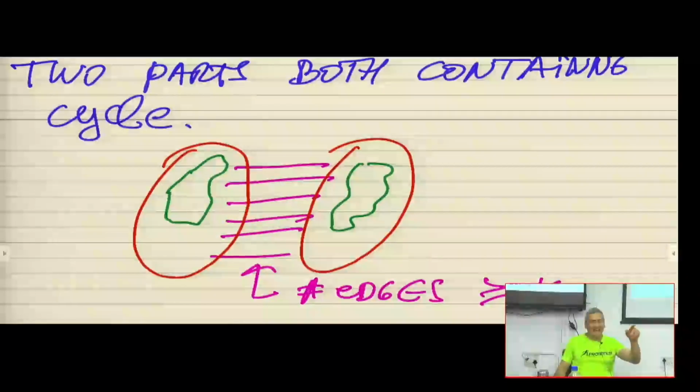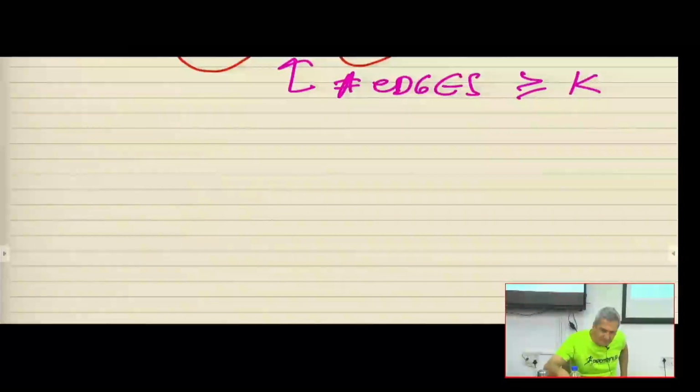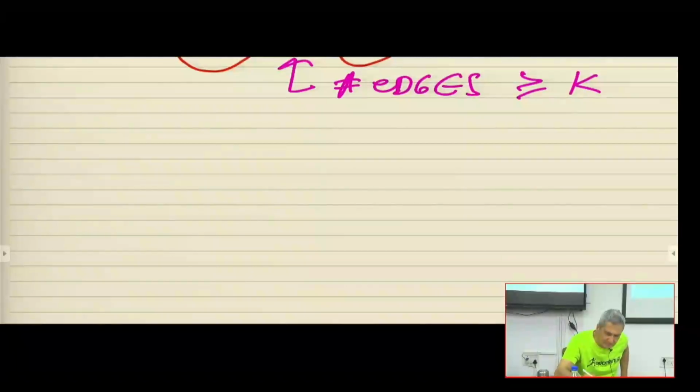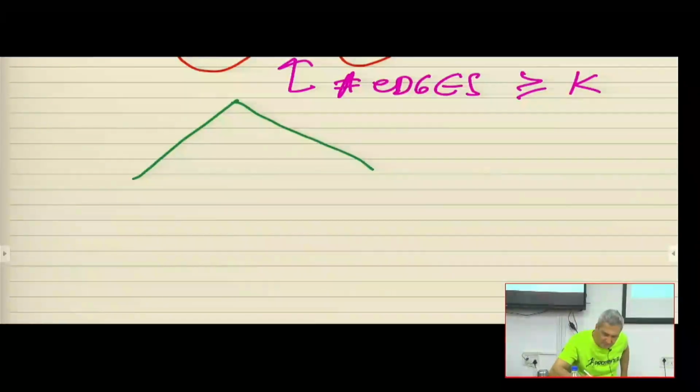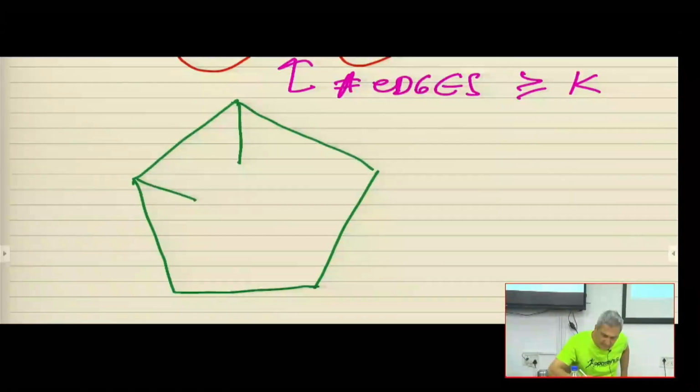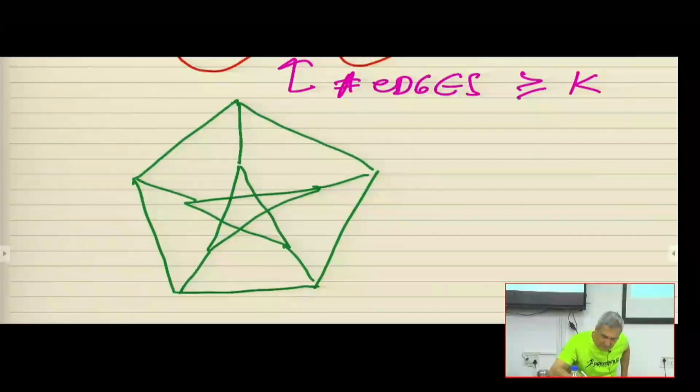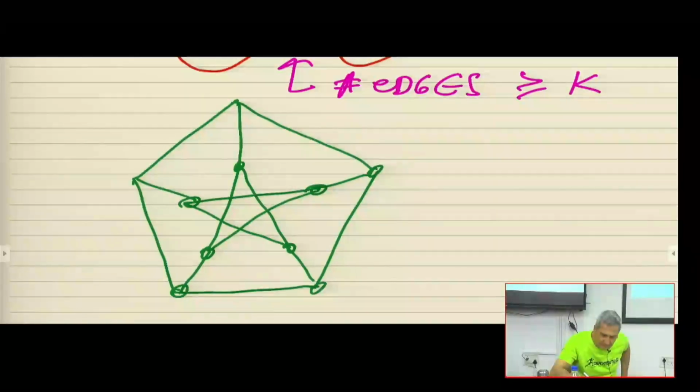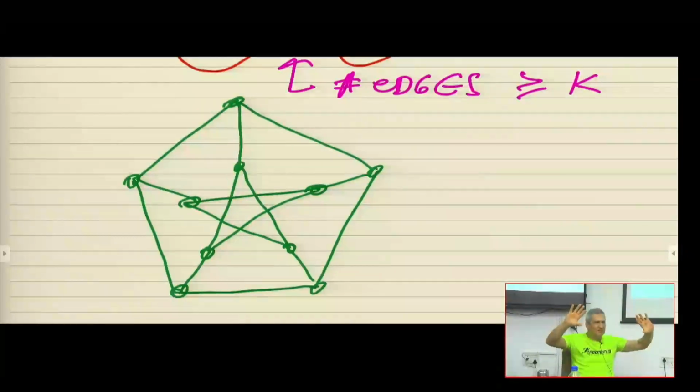Tell me what is the cyclic edge connectivity of the Petersen graph? Let's do it. You want to remove as few edges as possible so that both sides have a cycle.